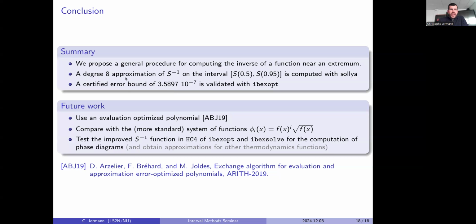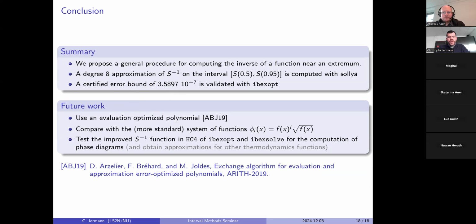So what we have done here is to propose a general procedure to achieve this computation, obtaining the inverse of a function in Extremum. In the future, what we'll try to do is to refine this work by considering not only the approximation error, but also the evaluation error, which was already done in 2019 by Arzelier, Bréard, and Joldez.